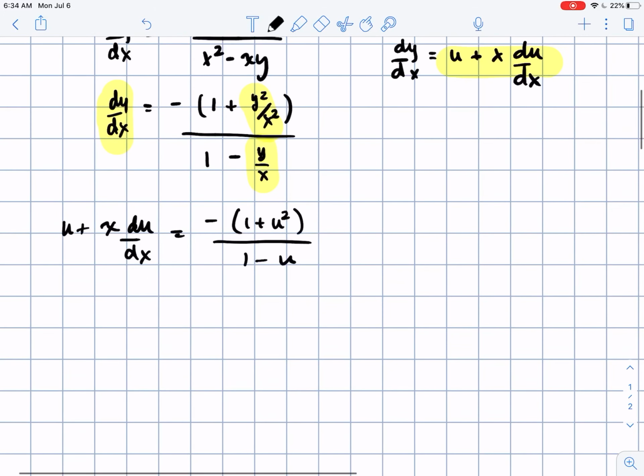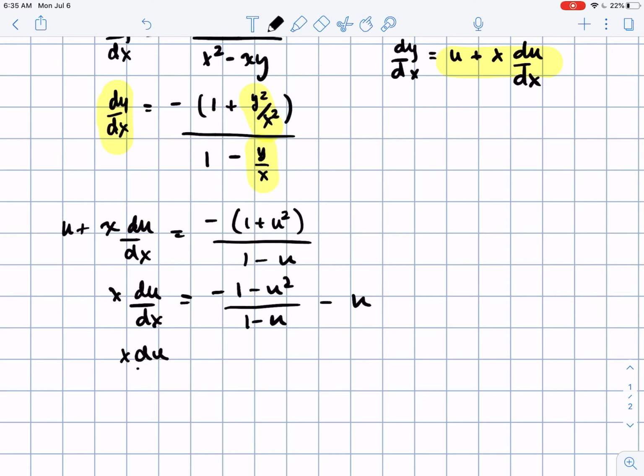Once you get it down to here where you have your substitutions, you could use one of the methods we did prior. Usually in this situation, you're going to try to separate and integrate. So let me try to get the u's together, right? So I'm going to distribute this and subtract a u from both sides. So here now let's just simplify, right? So we have negative 1 minus u squared minus u times 1 minus u, all over 1 minus u.